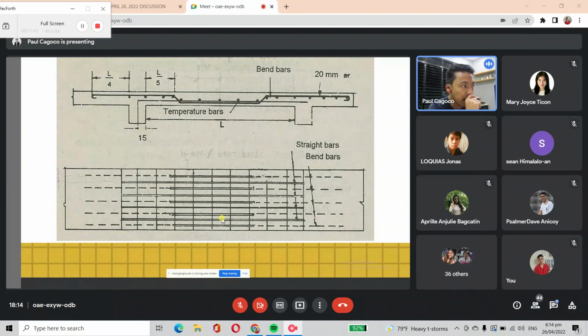Imaginary line nga 30 cm, gi-identify na to dire as L over 5. So for example, ang length sa imong slab is 5 meters. So 5 over 5, that is 1 meter. Mao na point nga mo-bend na ka sa imong bars. Gitawag siya nga bend bars.